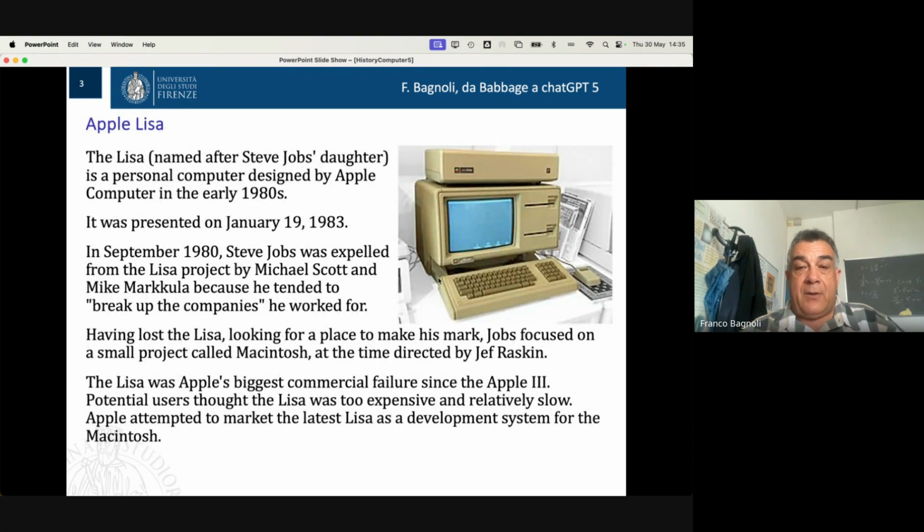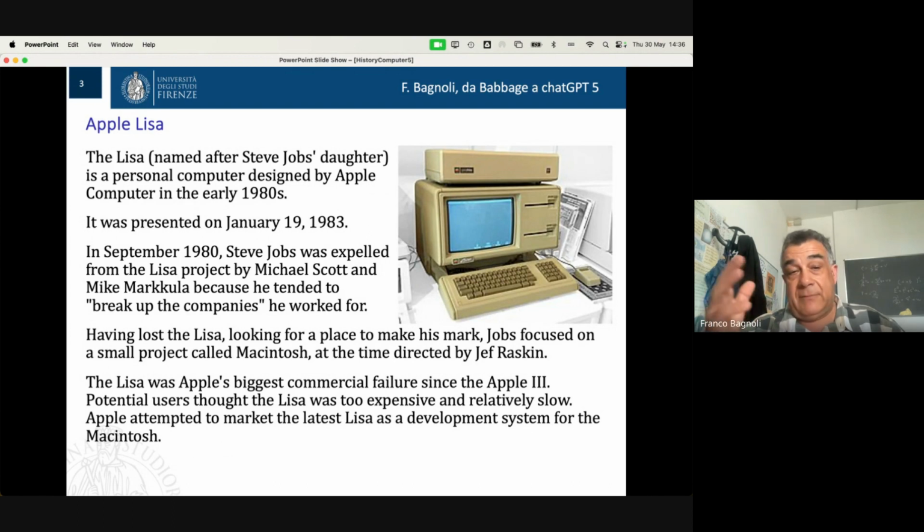So we ended last time with the IBM PC, which was a huge success, even though it was later copied and imitated, and even though IBM was not really excited about it.